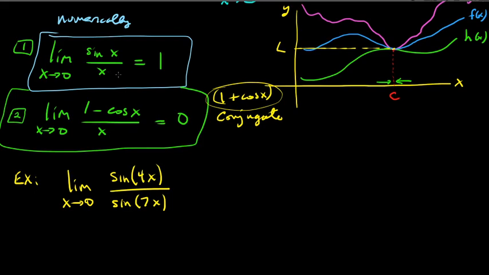But to do it algebraically, we're going to essentially use the fact that this limit is 1 to help us out, after a little bit of algebra first. What you don't want to do is say, well, x divided by x is 1, they cancel, sine divided by sine is 1, they cancel, and the answer is 4 over 7. That's wrong. You cannot do that.